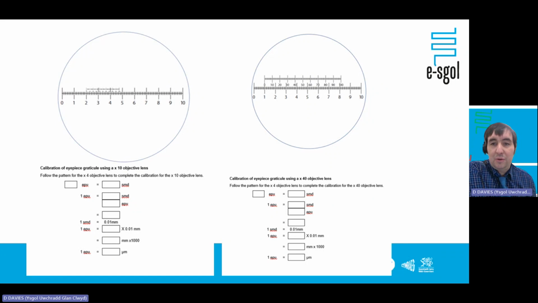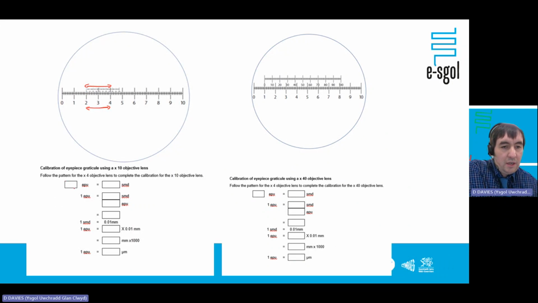Now you are probably not going to be able to see the first one, are you? That's going to be a bit rubbish there. But if I tell you we've lined it up at 2 there, so I've got that many stage micrometer units, and I've got 10, 20, 30, 40, 50, 60, how many I've got there? 70 something of those eyepiece units.